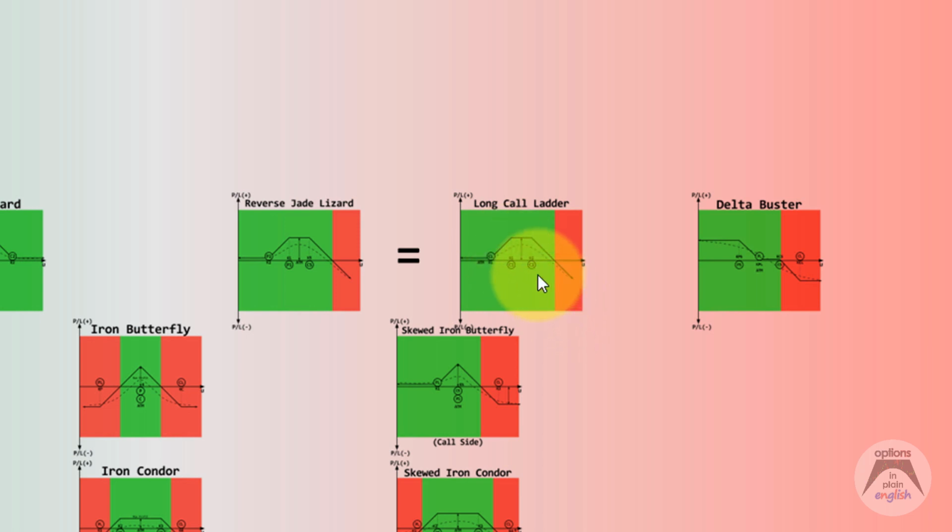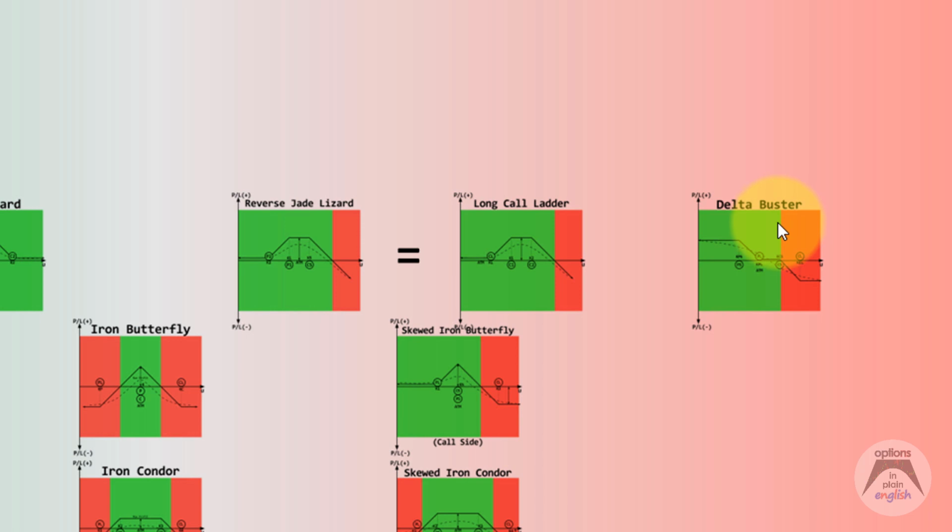If we want to talk about a very directionally bearish strategy, we could look at a delta buster, which takes advantage of not only a high level of implied volatility, but also takes advantage of skew.